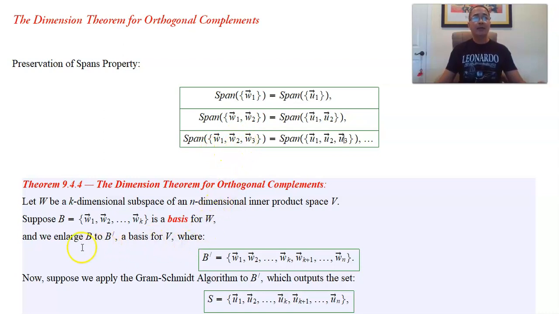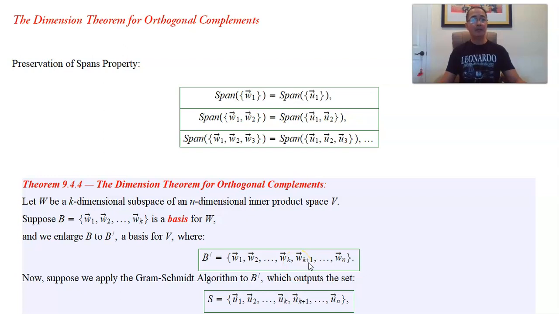We can enlarge B to B prime, a basis for V. So now we will have wk plus 1 through wn added on to w1 through wk. I hope you remember what allows us to do that. It's called the extension theorem.